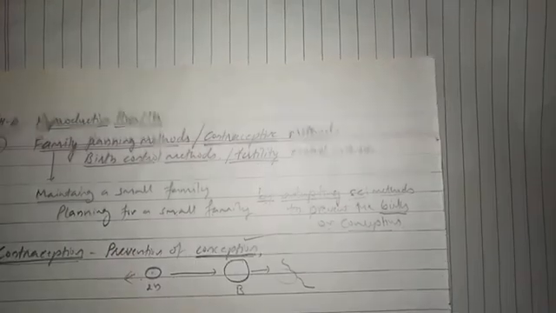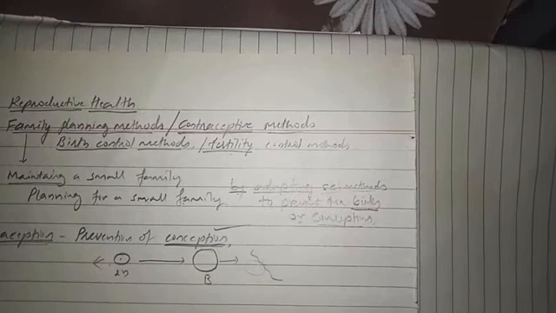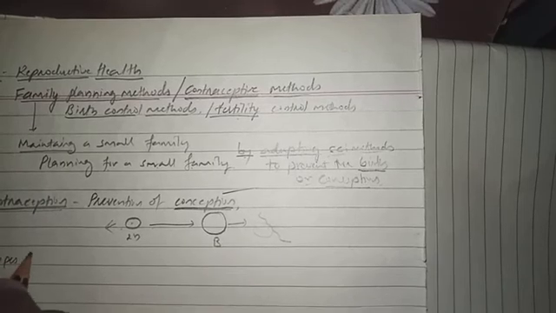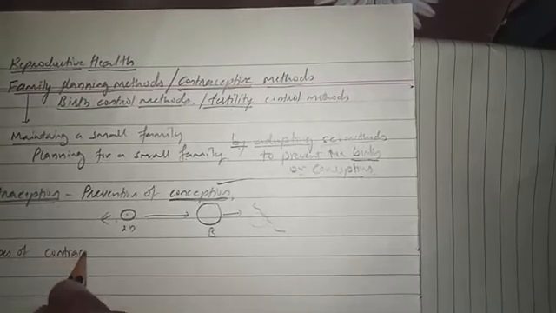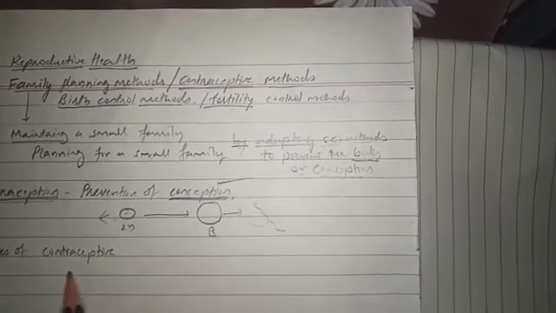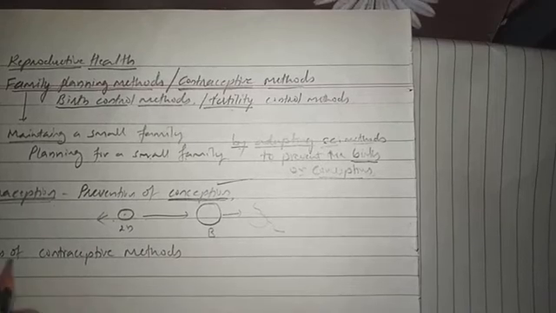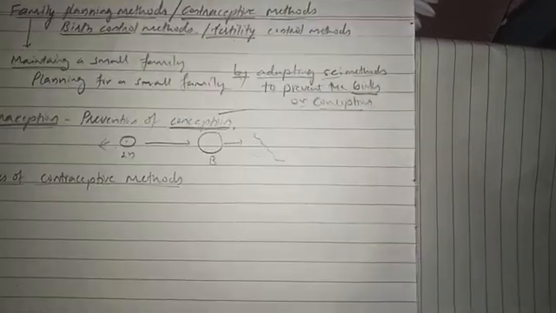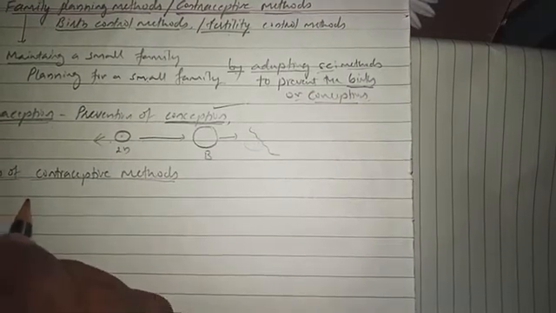First we'll see the types of contraceptive methods. There are different types. We'll go to the major two types here. I'll draw it in the form of a flowchart.